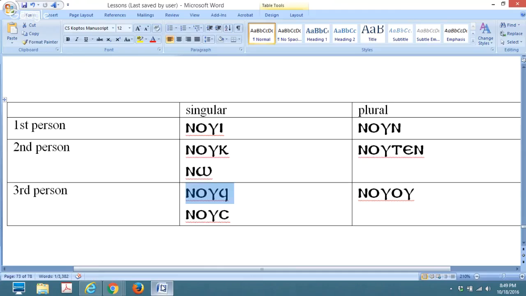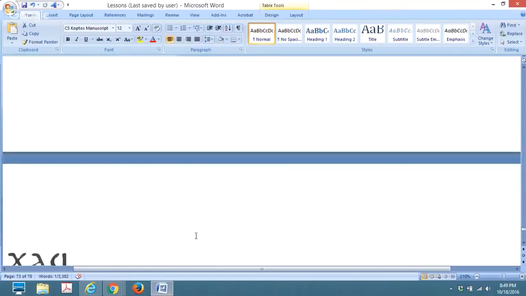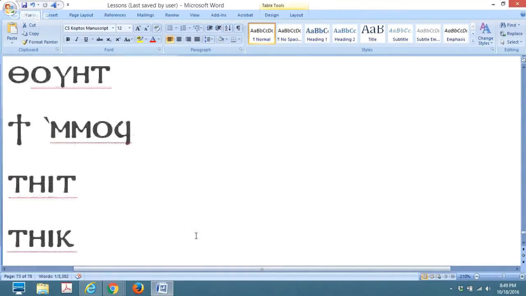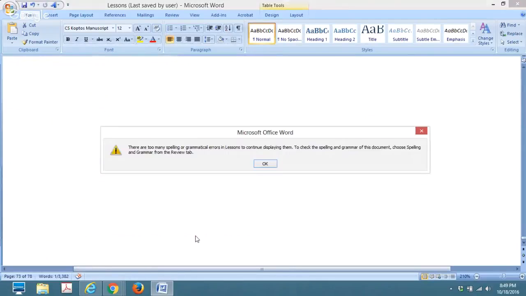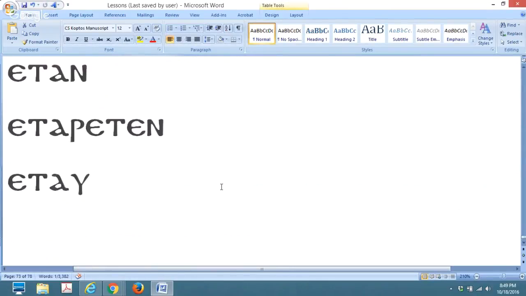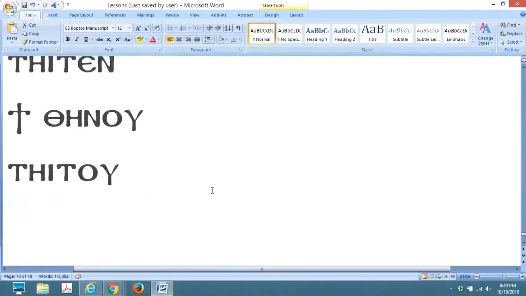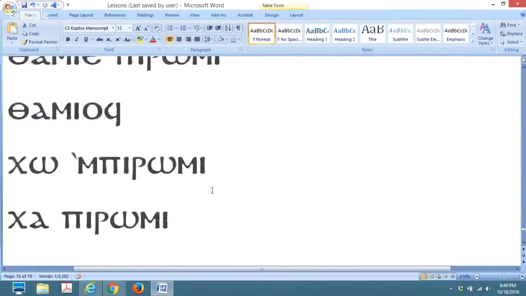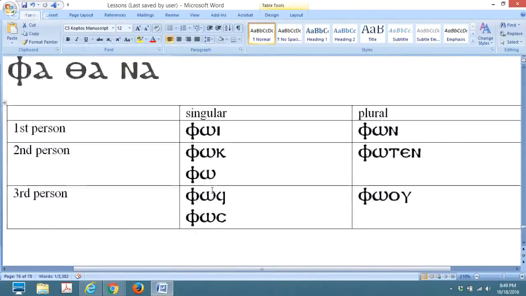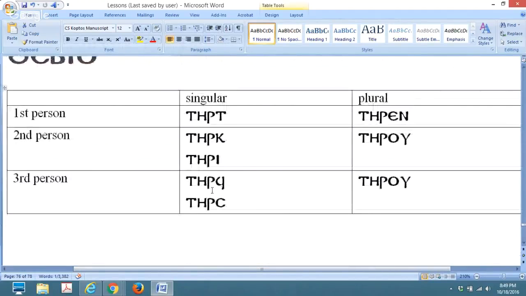Remember when we went back to our tables here? Let's see. I know we talked about it recently. Let's see if I'm going in the right direction here. Probably not. I'm going to go back another way. Too many spelling errors. Obviously, because Microsoft Word doesn't know Coptic. Let's see. I think it's this direction here somewhere. Yeah. So remember, tir means all, right?